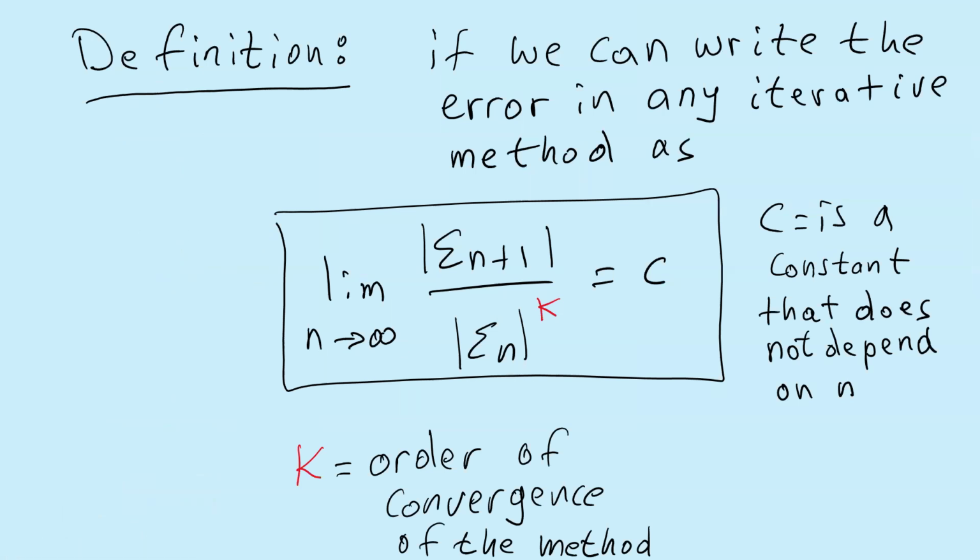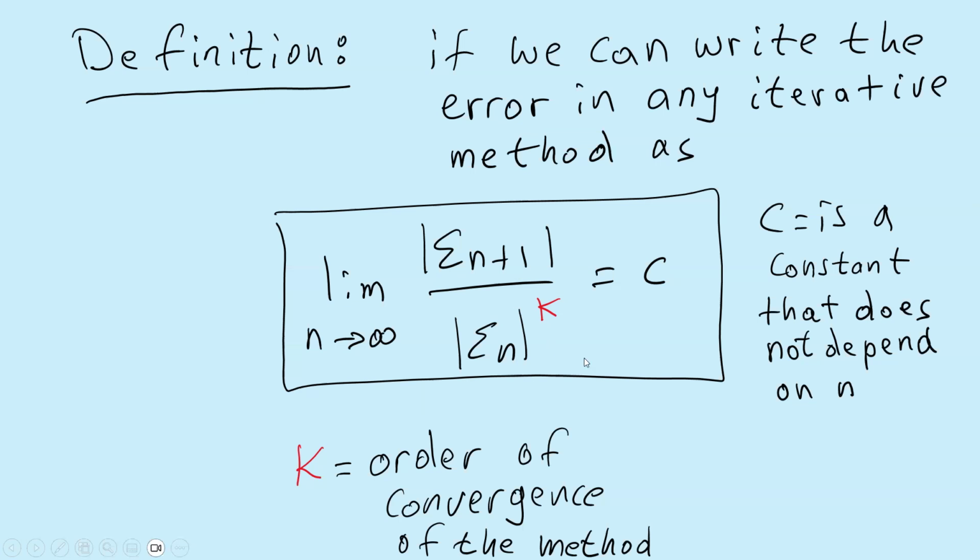Another definition that we have to know: we can write the error in any iterative method in this format, where K represents the order of convergence of the method, and C is a constant that does not depend on n.